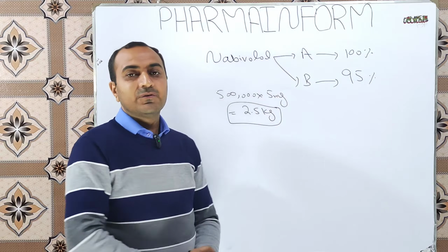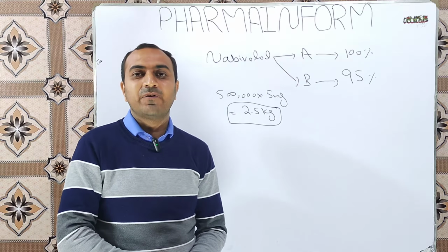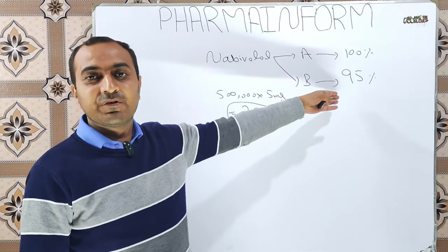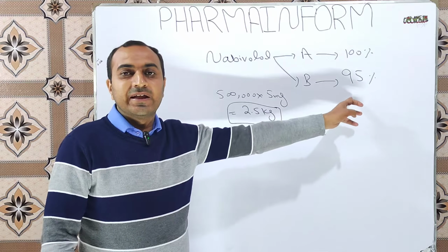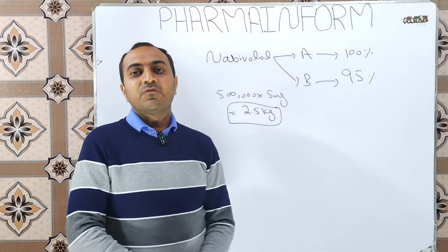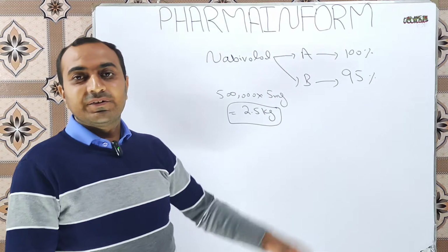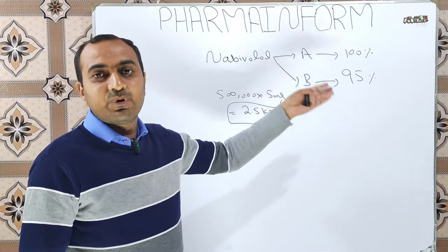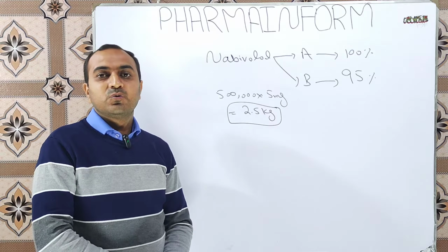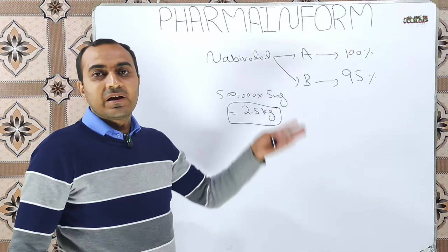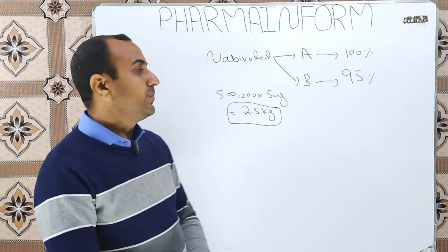But what will we do if our SA value is not 100%, it's less than 100%, and it is 95%? First of all, we will adjust our API potency and make it 100% to ensure its quality. How will we perform this calculation?